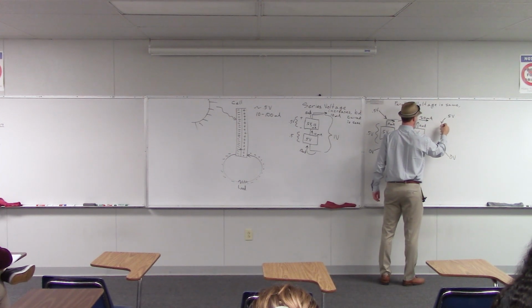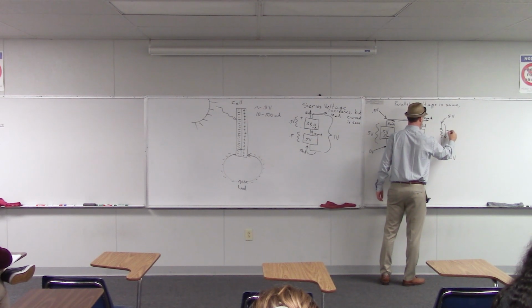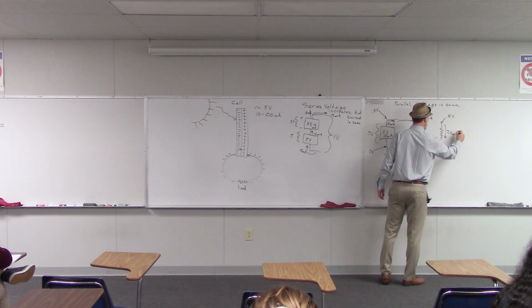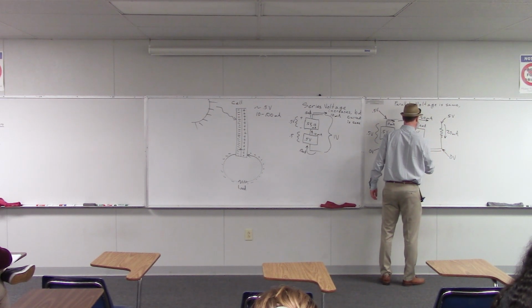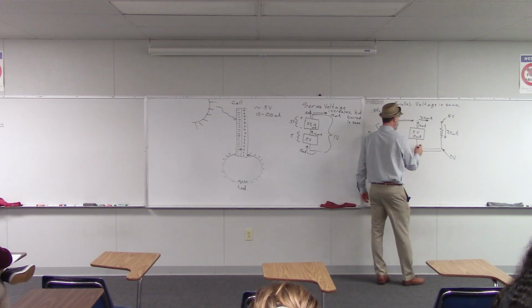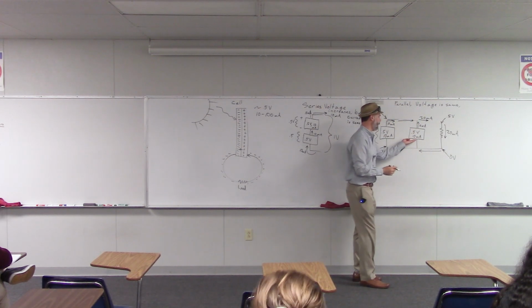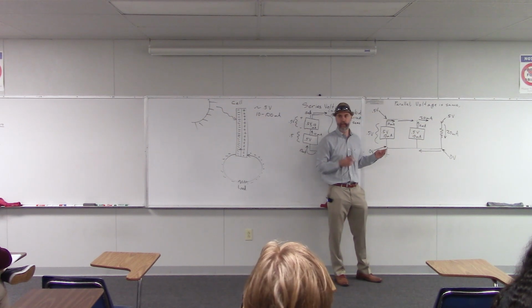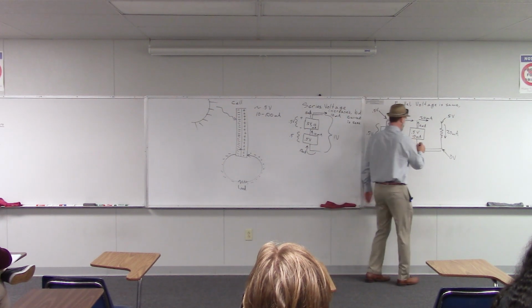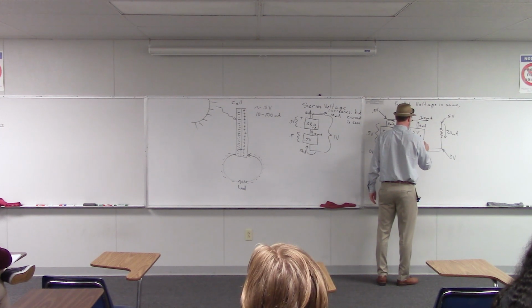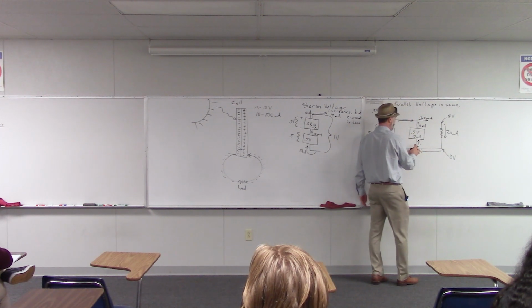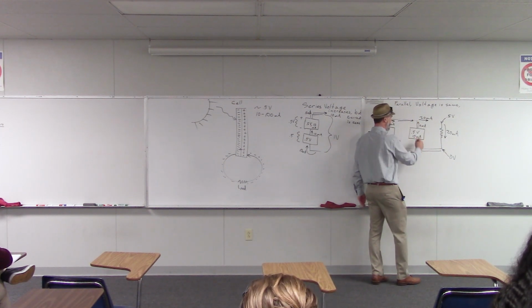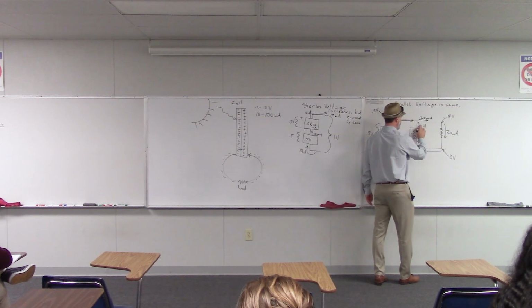And that flows out and flows through our load. And then it flows back along the bottom here. And then how much current is going to flow back into this cell? 10 milliamps, exactly. Whenever you have a current source, the amount of current going back in has to be the same as the amount of current coming out. So we've got 10 milliamps coming out.